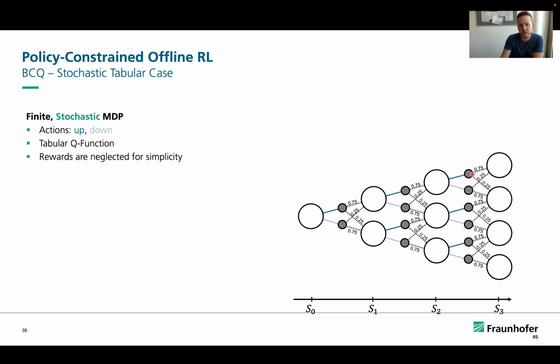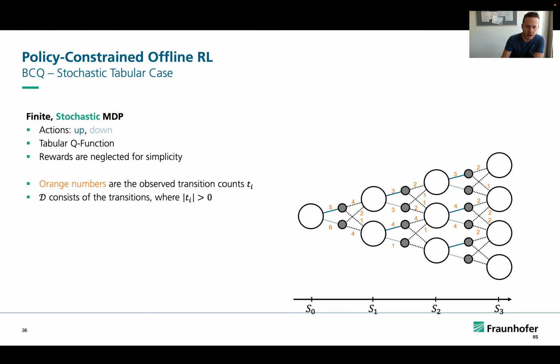These probabilities are equal for all the states. If you now capture data and do the counting again, the orange numbers here are the transition counts that you observed. In this setting, you selected going up 5 times and going down 6 times. However, in 6 cases you end up in here, and in 5 cases you end up in here.